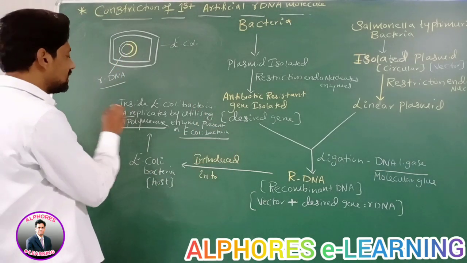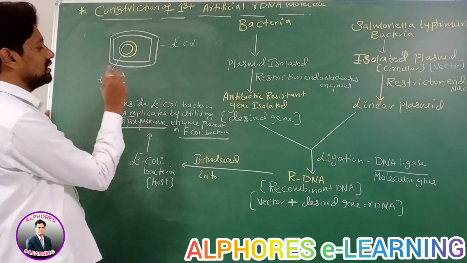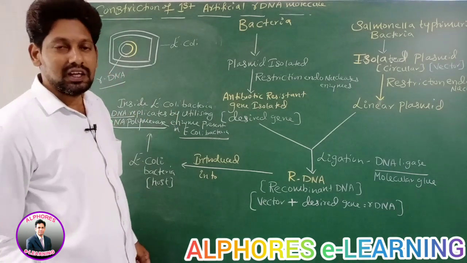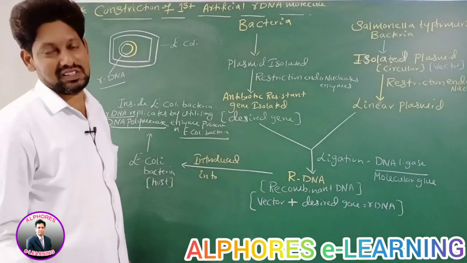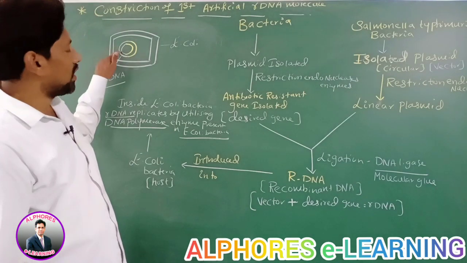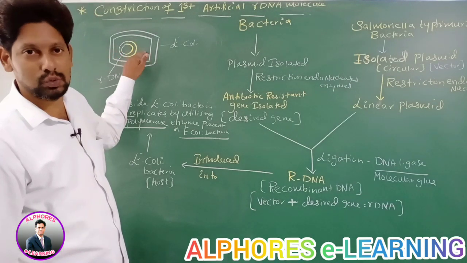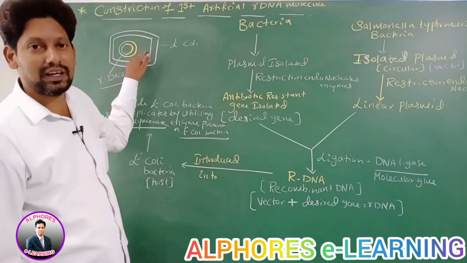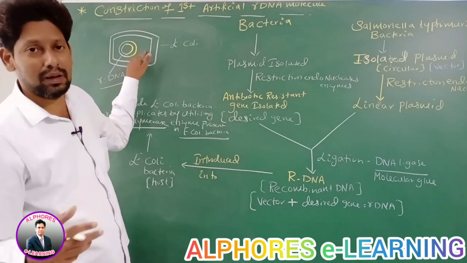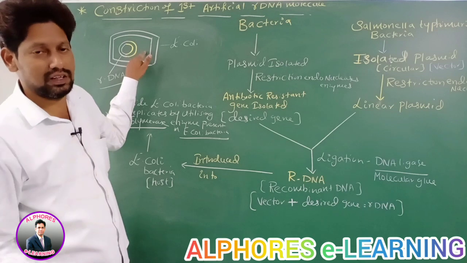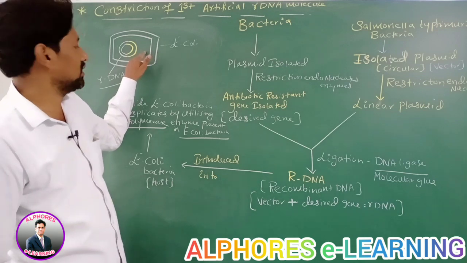Now if replication takes place, the number doubles. If one rDNA is present, it becomes 2, 2 becomes 4, 4 becomes 8. Therefore, the number is doubled.